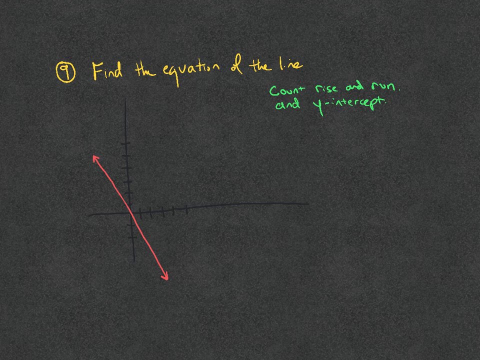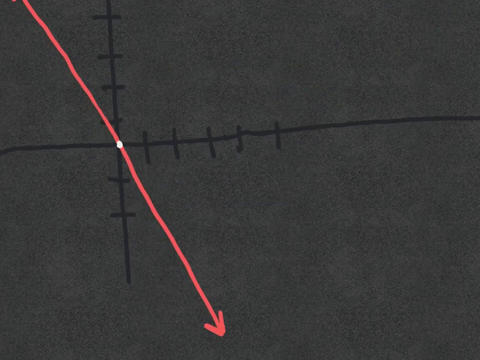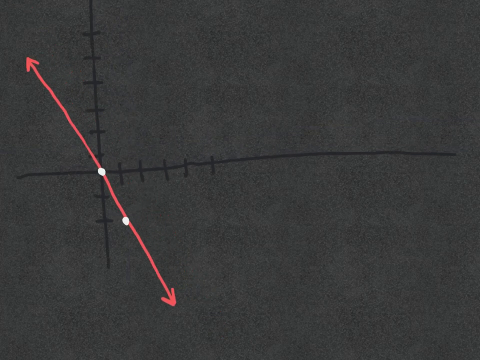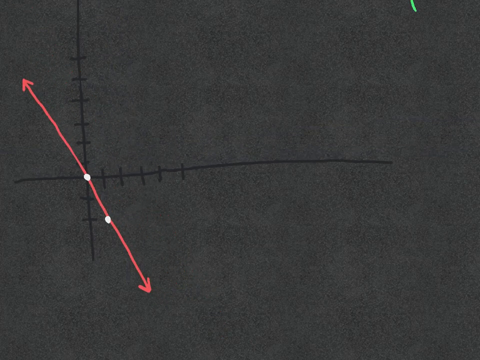Find the equation of the line, count rise and run. So on this one, you might look closely at this and see that it goes through that point, also goes through that point perfectly. And then you just want to count your rise and your run. Here, our rise, it goes down 2. In some cases, it may go up, so in a positive way, and then over.